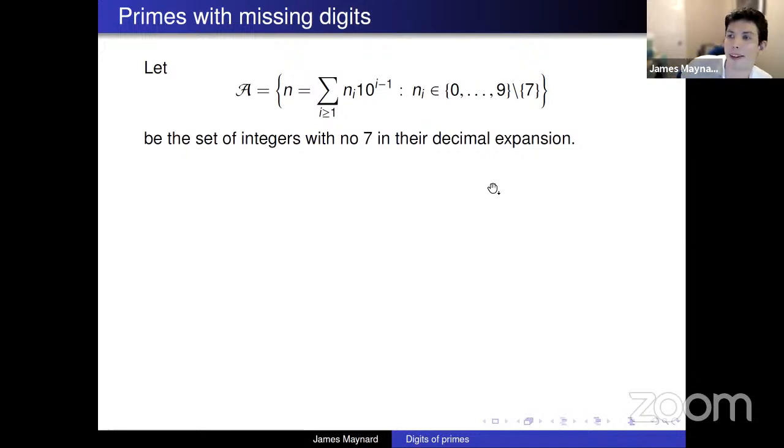Well, but can you remove like 2 digits, or is that bad? Okay, so I mentioned before that these questions about counting primes get much harder as the underlying set gets sparser.